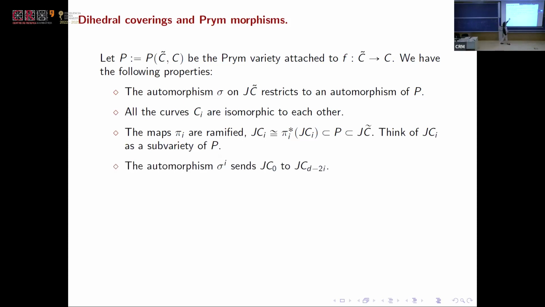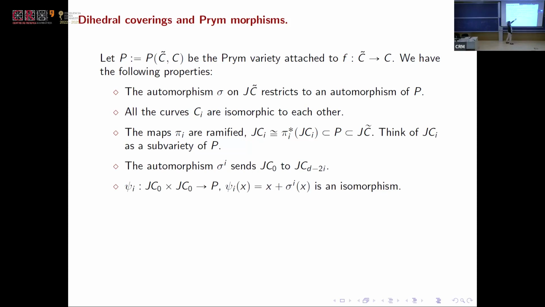And it is very nice because on the Prym there is the action of sigma, and this action is such that all these Jacobians are moved. If we use sigma or powers of sigma, we can move all these Jacobians. And in this way, we are able to say that there exists an isomorphism as polarized abelian varieties.